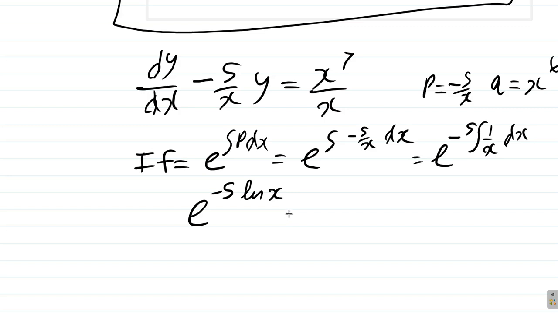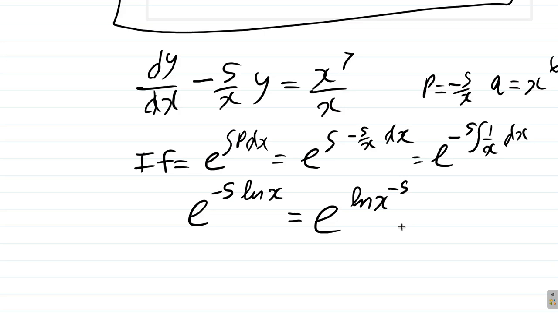Now let's just see how we can simplify this. Remember our laws of logarithms, so negative 5 ln x is the same as ln x to the negative 5. Alright? So ln x to the negative 5.